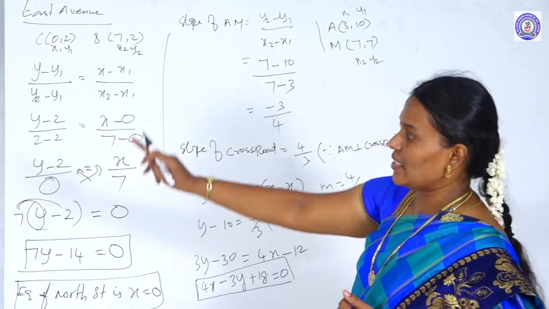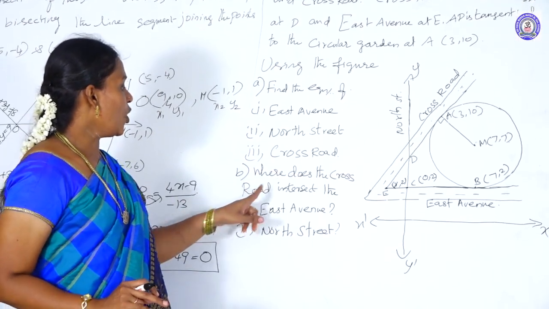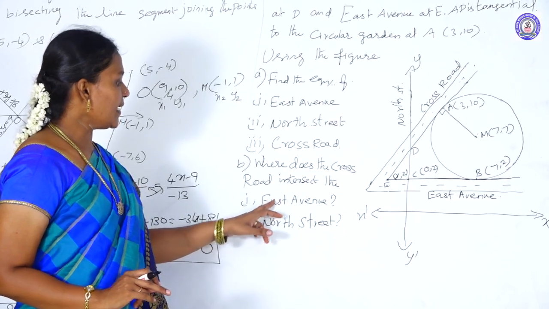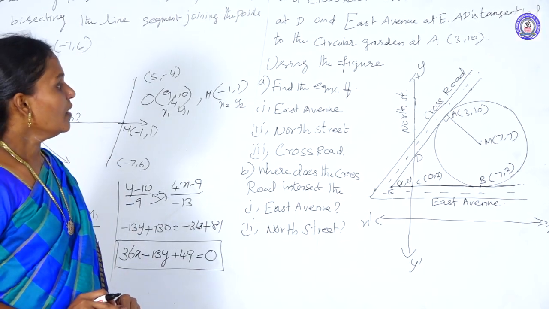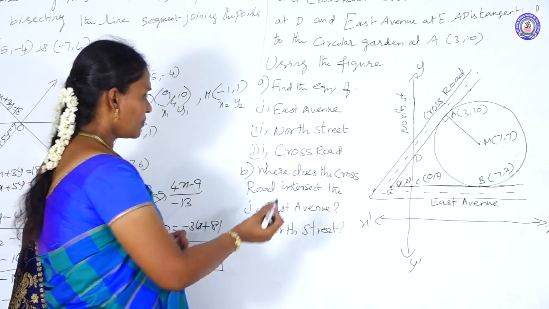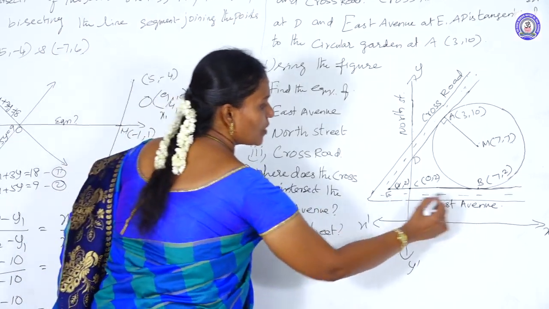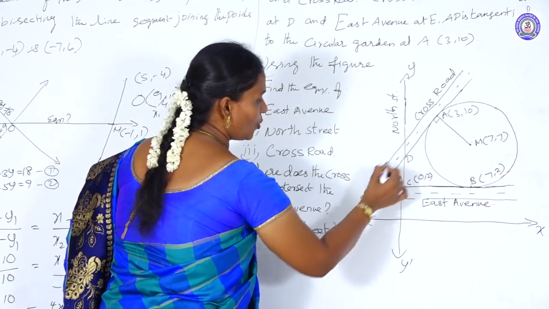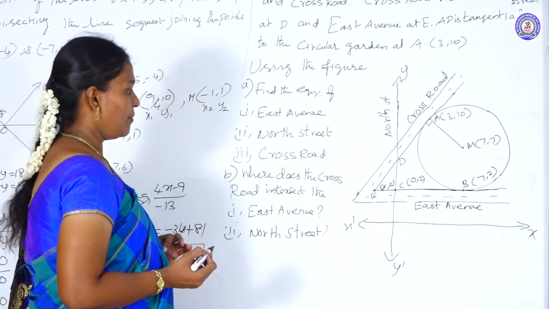Now the first question is completed. Second question: where does the crossroad intersect the East Avenue and North Street? See here, this is the crossroad. East Avenue is this. These two roads intersect at the E point.